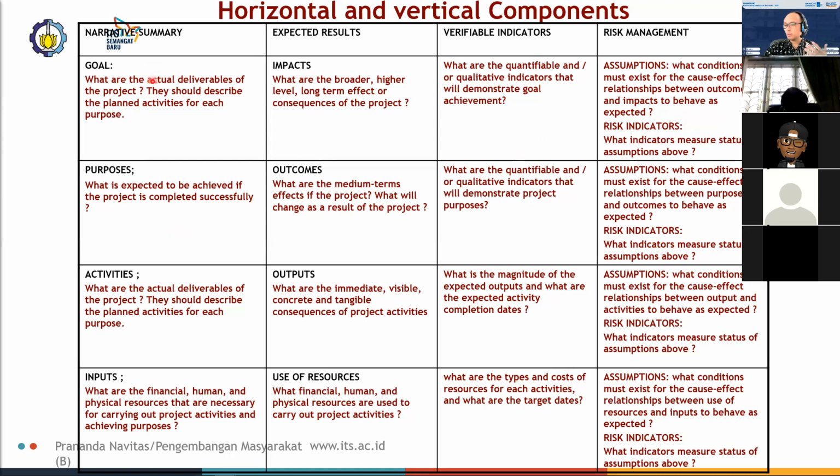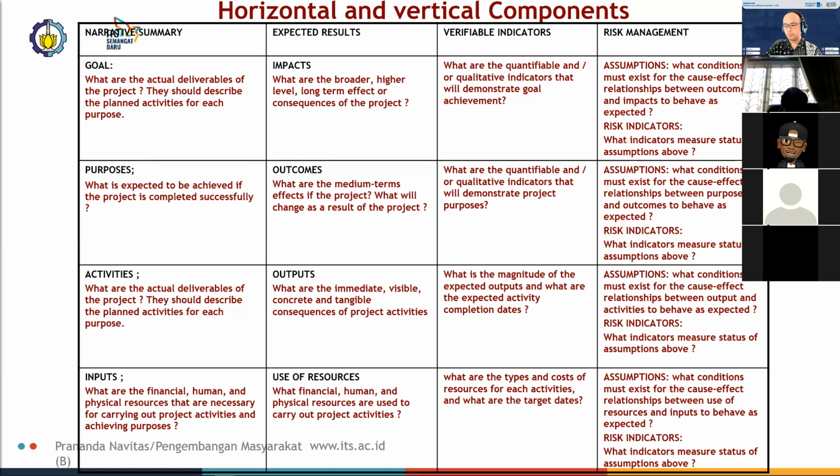Goals, purposes, what's expected to be achieved if the project is completed successfully, what are the medium-term effects that's in the outcomes. Again, you have to state explicitly what the quantifiable and or qualitative indicators are, and the assumptions and the risk indicators. So the biggest differences, I would say, between RBM and LFA are within the verifiable indicators and the risk management columns.